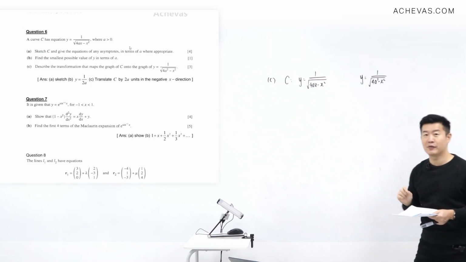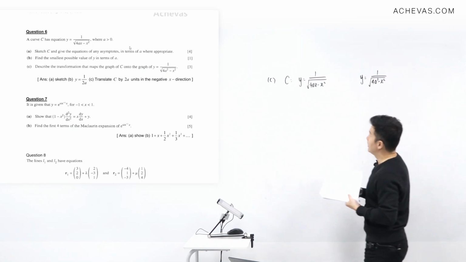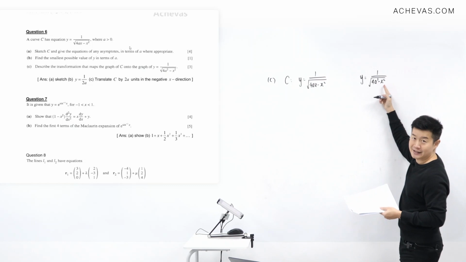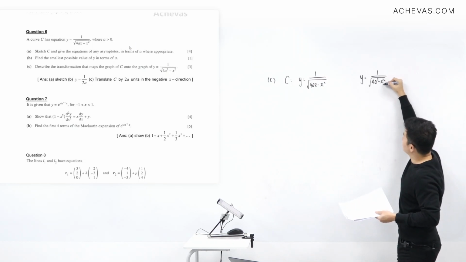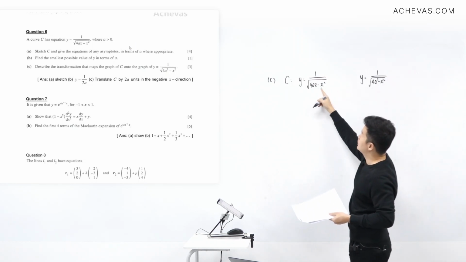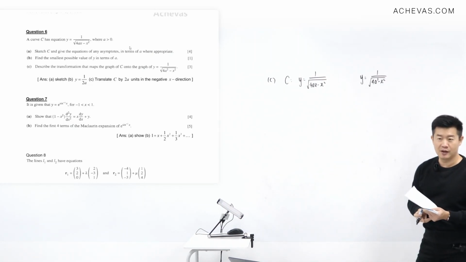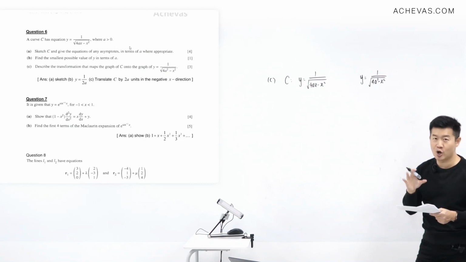So we need to do a bit of improvisation and manipulation. My suggestion is to try to change this, because here there's only one x term, the x squared term, but here there are two terms, x and x squared. We can combine these two terms together if we carry out a simple algebraic manipulation, and that is completing the square.